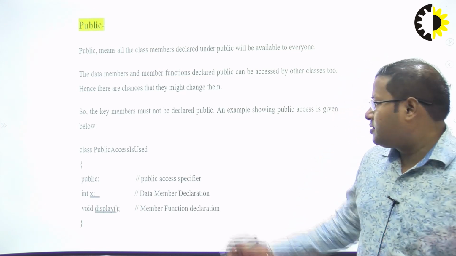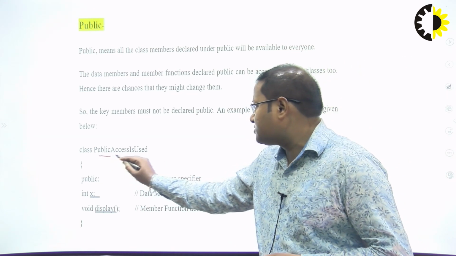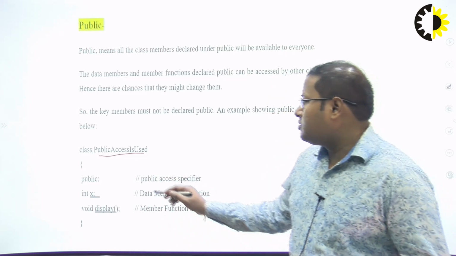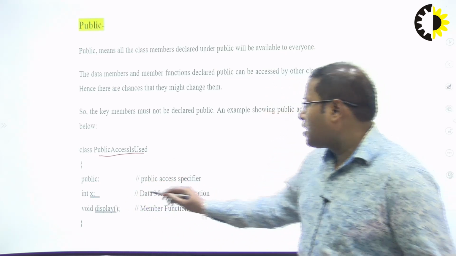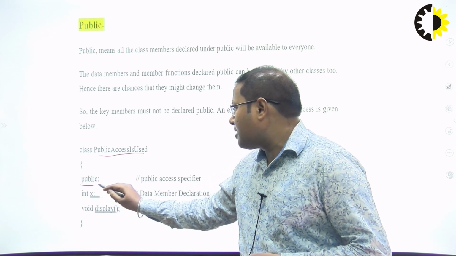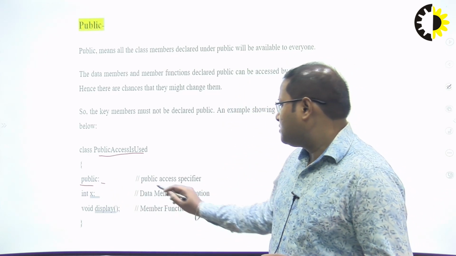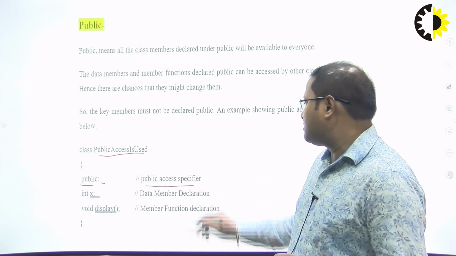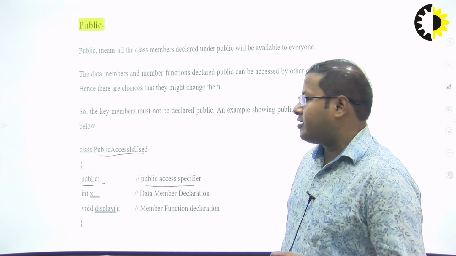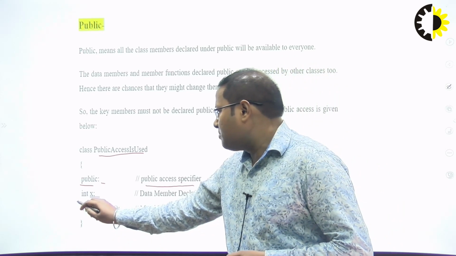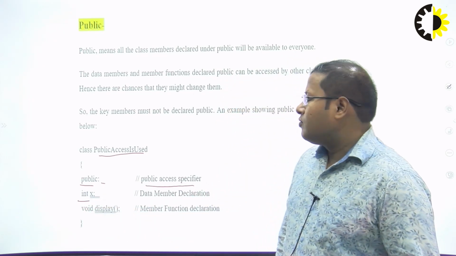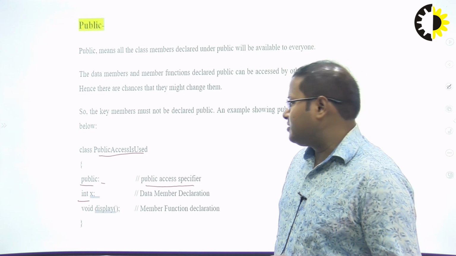The name of the class is public access. In the definition of the class, I am using the keyword public, and after the word public I am using a colon. It represents the public access specifier, and in this case I have taken one variable x of type integer.